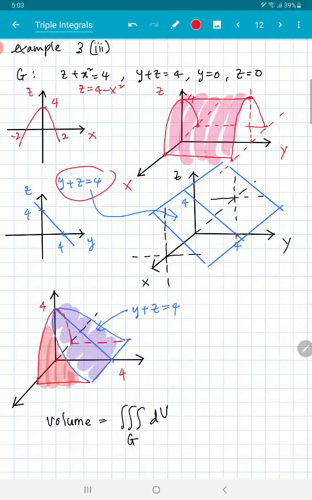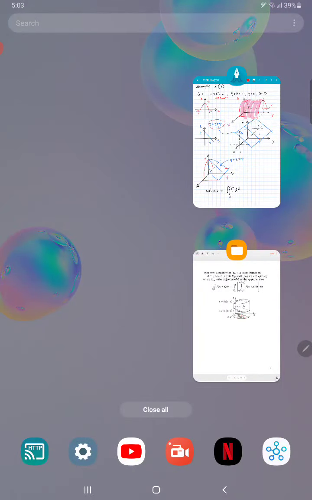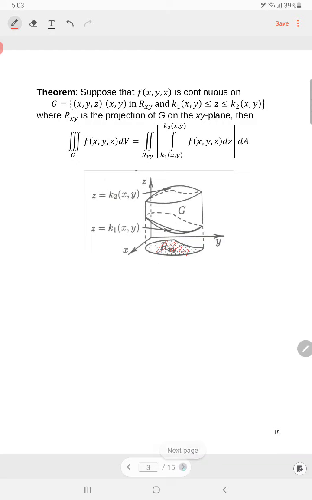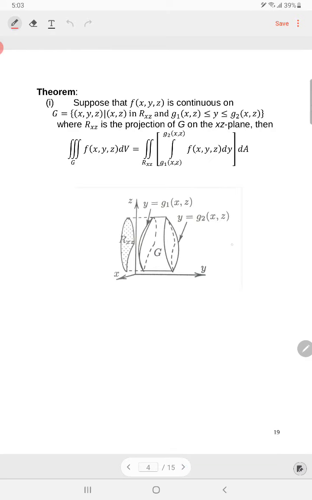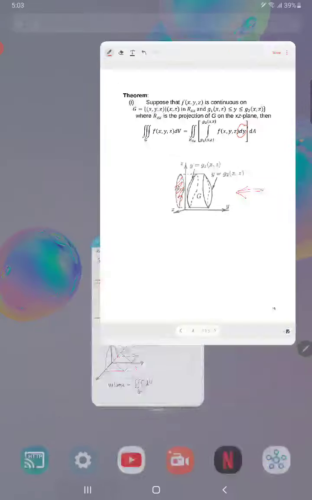So a good choice would be to project our solid G onto the XZ plane, meaning that we need to integrate with respect to y first.